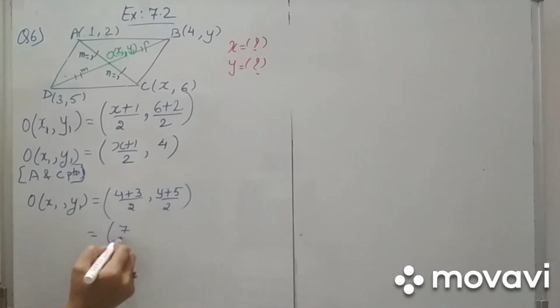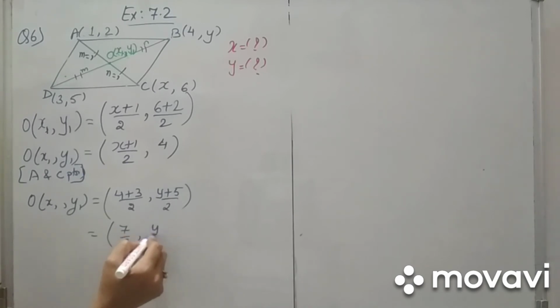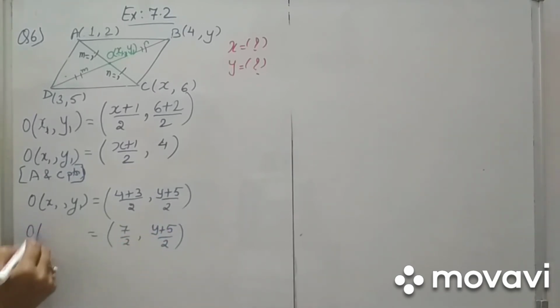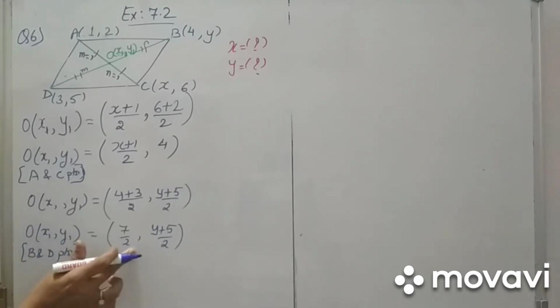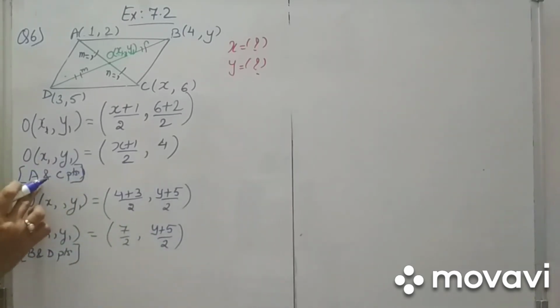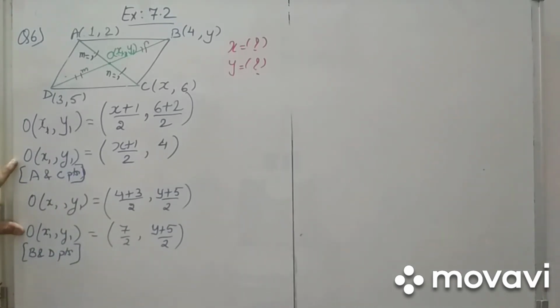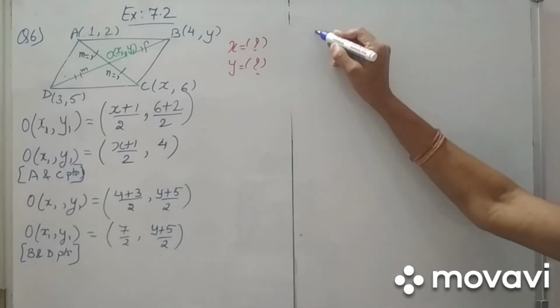That will give me 7 upon 2 and y plus 5 upon 2. So this is for B and D points. Using B and D points we got the O value, and using A and C points we have. But as we know O is same only, so we will compare this.